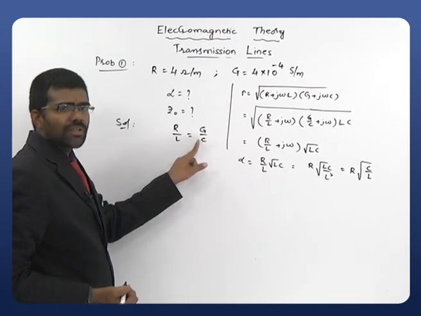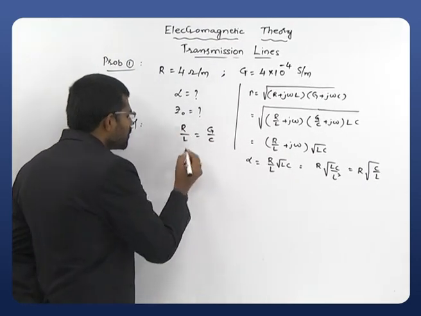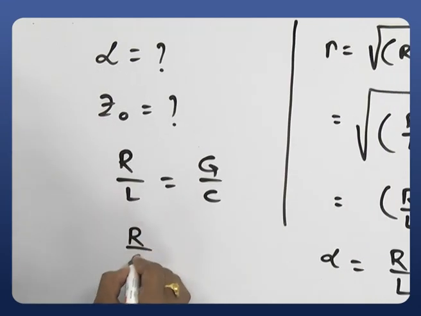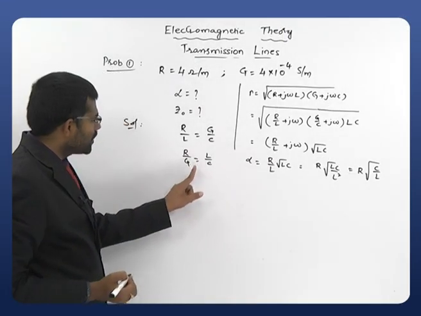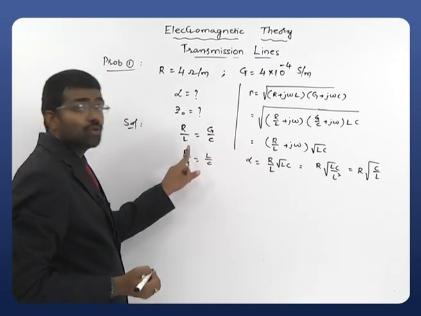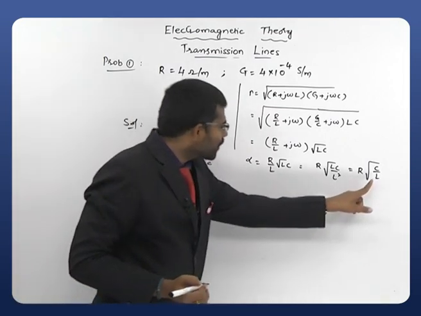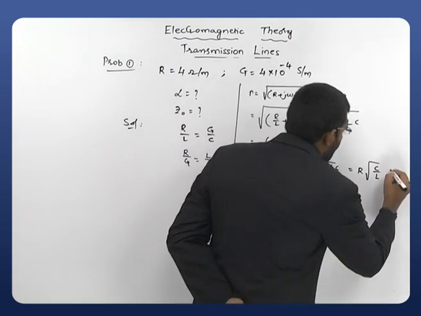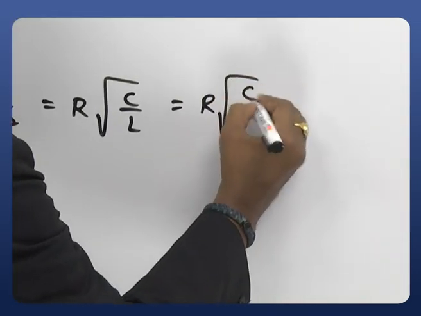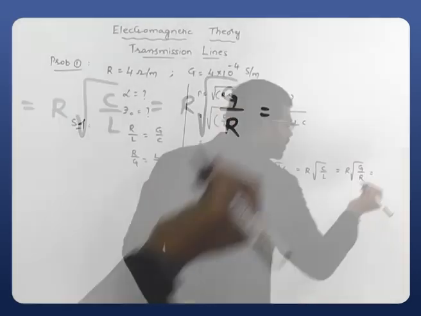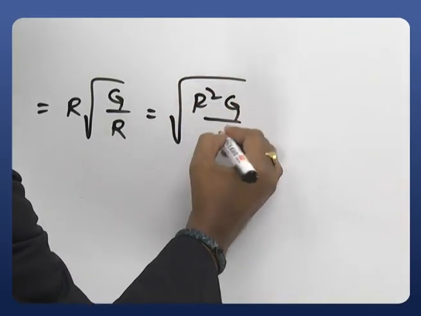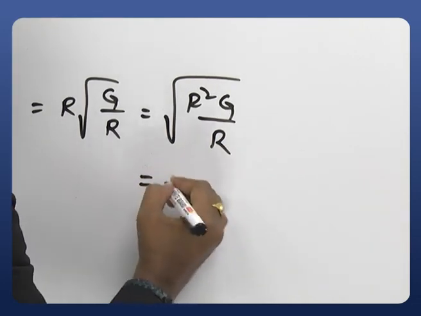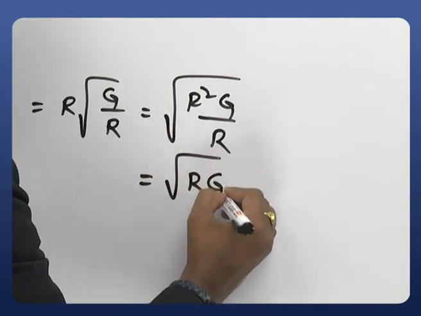Just rearrange: R by L is equal to G by C corresponds to R by G is equal to L by C. Instead of C by L, I can substitute G by R. That is R root G by R, which is equal to square root of R square G by R, which is equal to square root of RG.